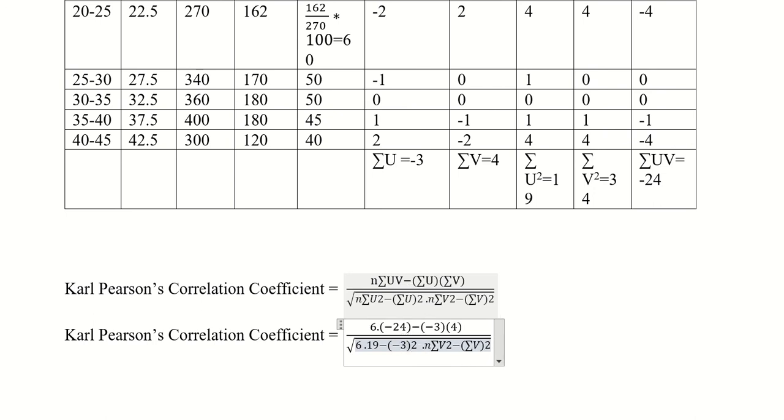Then again N is 6. Then summation of v square is, I can just write it in brackets so we would know that first we have to solve this.